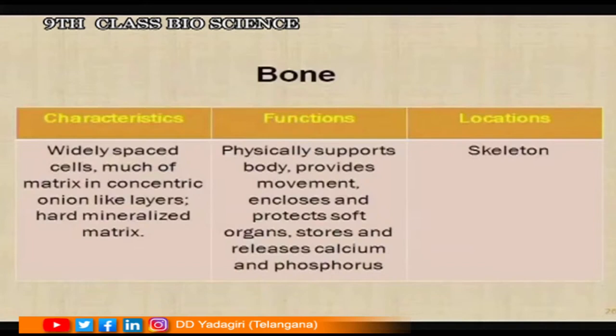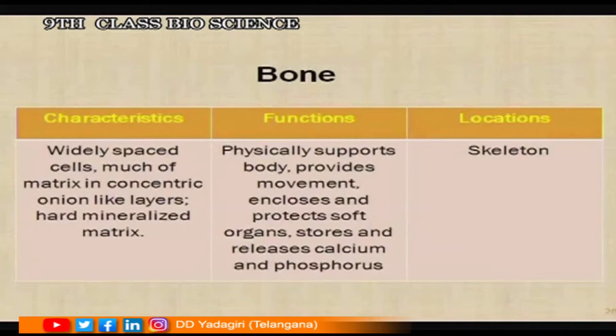Now, let us see what the characteristics of this bone are. This bone has widely spaced cells with much matrix in concentric onion-like layers, and it has a hard mineralized matrix. Now, how does this bone help us?